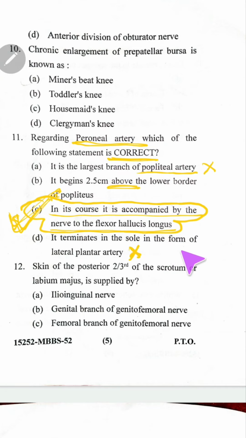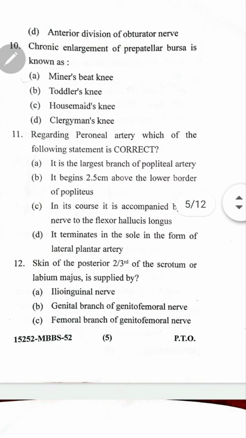Remember, it is the posterior tibial artery that continues as lateral plantar artery in the sole after giving its minor terminal branch, the medial plantar artery, under the cover of flexor retinaculum of the leg or the ankle. Right, so posterior tibial artery continues as lateral plantar artery. 11th answer is C. Okay.